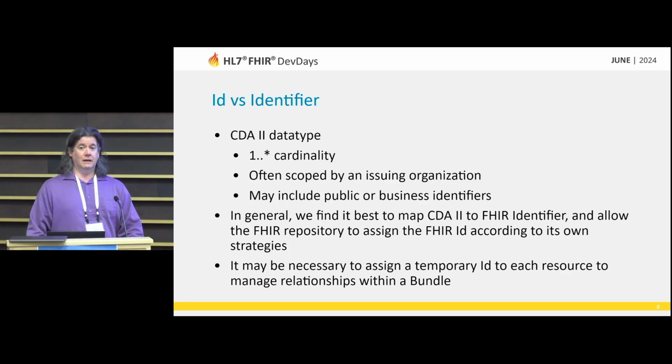One of which is that it does make search a little more complicated because you're searching by the identifier, not by the ID. The other thing is that if you're building up a transactional bundle where the resources in that bundle refer to one another, you often do need to assign temporary IDs so that those connections are retained until things can be finally persisted in the repository and the real IDs assigned.